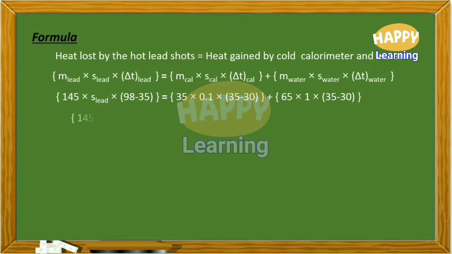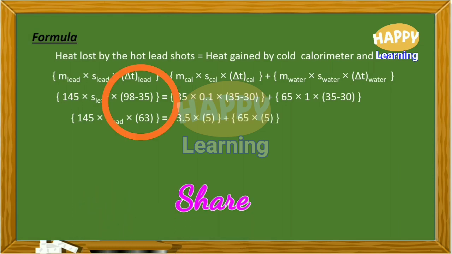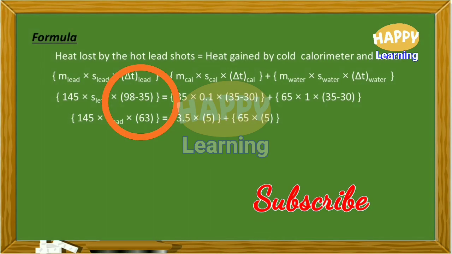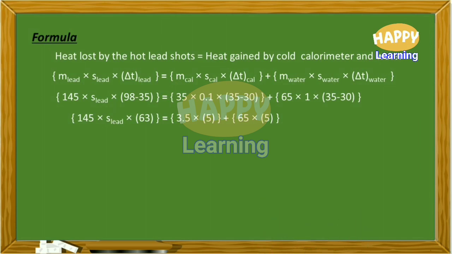So on simplification, left hand side 145 into S lead into 63, since 98 minus 35 becomes 63, is equal to, on the right hand side, 35 into 0.1 becomes 3.5 into 5, plus 65 into 1 into 5.